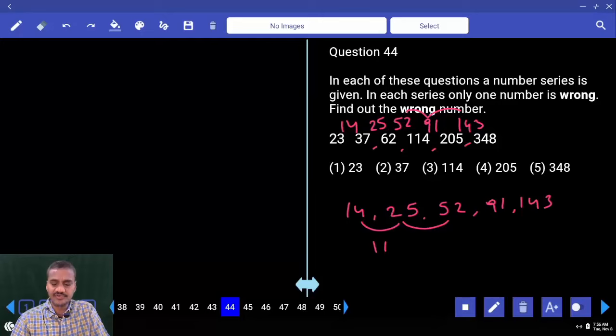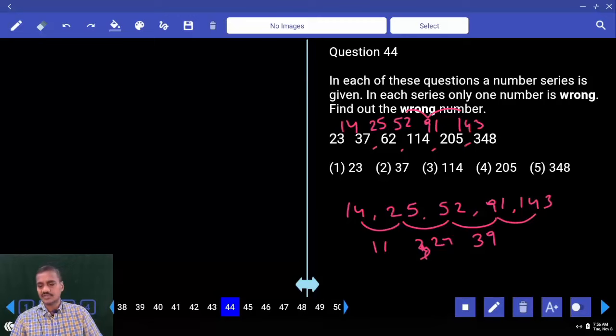And 25 and 52 difference is 27. Next, 52 and 91 difference is 39. And here 91 and 143, what is the difference we have?